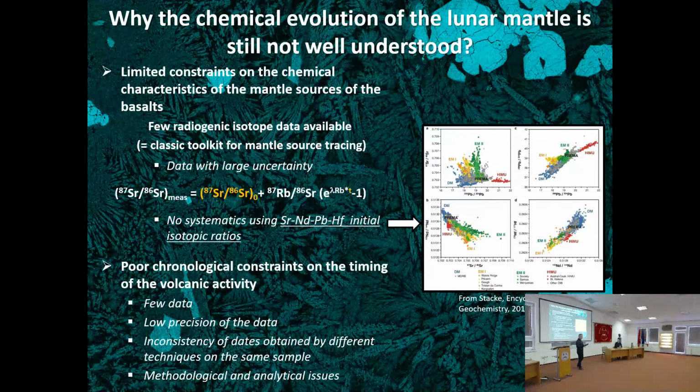Even if we determine the age with, for example, the rubidium-strontium method, and we measure the isotopic ratio of neodymium, if the age is not precise, the calculated initial isotopic ratio will also not be precise.